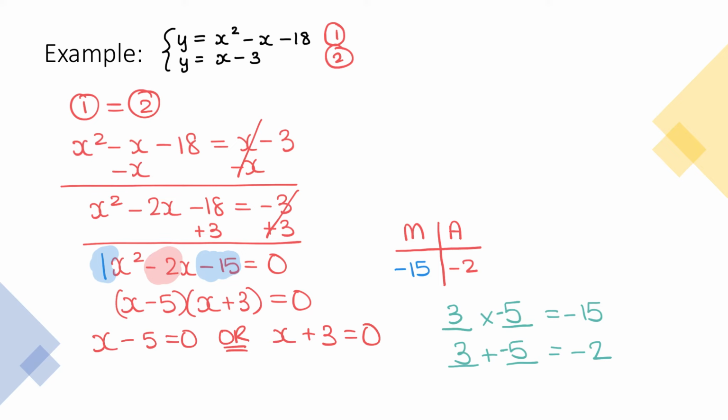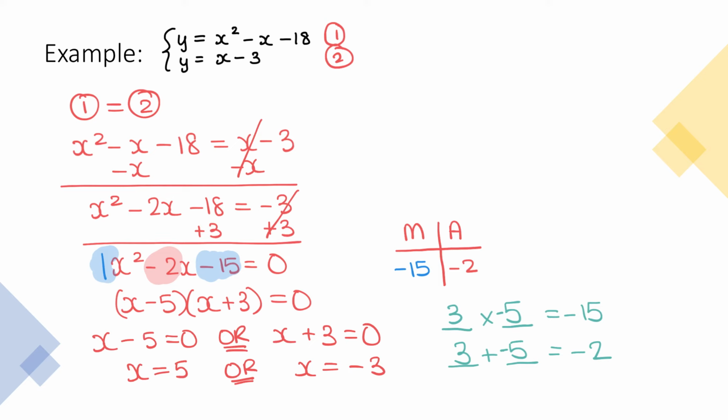And then we can solve for x. So in this case, x is equal to 5, or x is equal to negative 3. And if x is equal to 5, 5 minus 5 makes 0, and negative 3 plus 3 makes 0. So now we have x values.